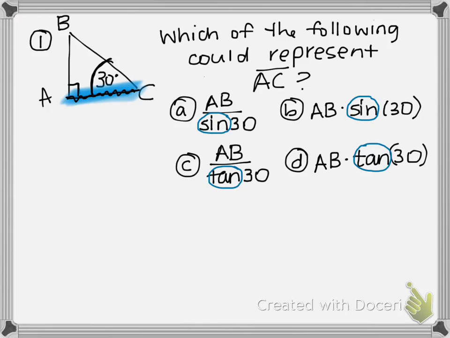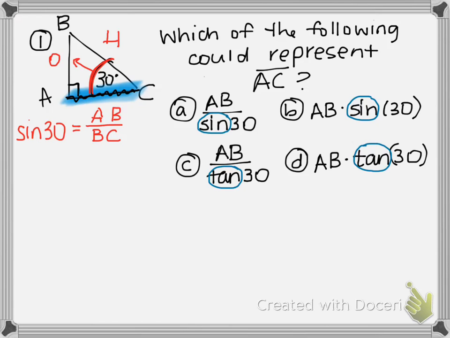So let's look at the sine function first. So from this angle of ours that we're given, the 30-degree angle, if we were going for sine, we would need the opposite, which is here, and our hypotenuse, which is here. So if we are using sine, we would know that sine of 30 is going to be AB over BC.